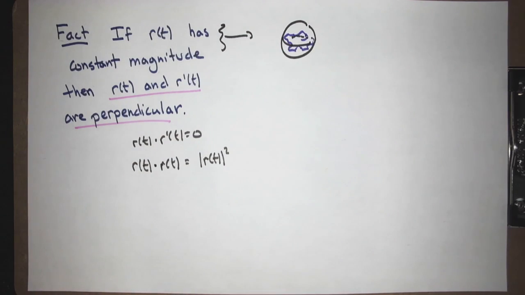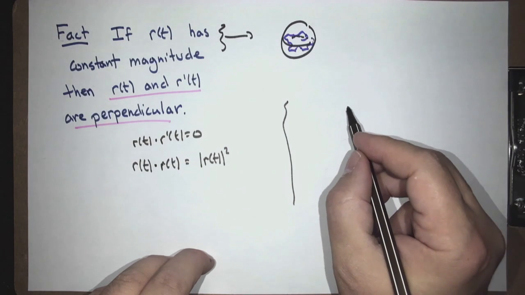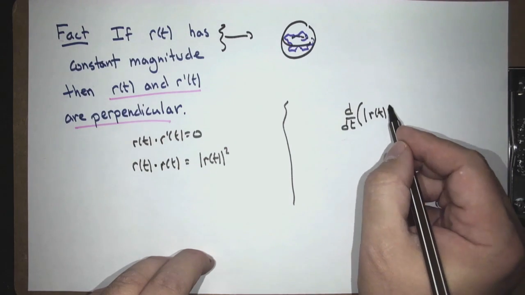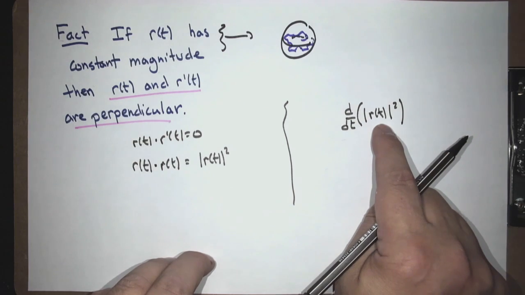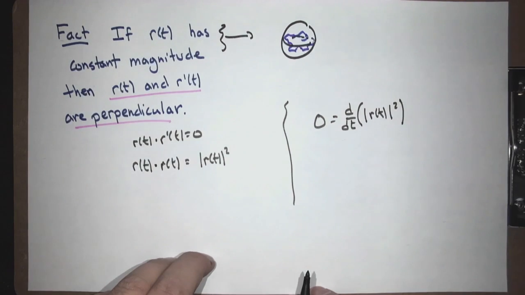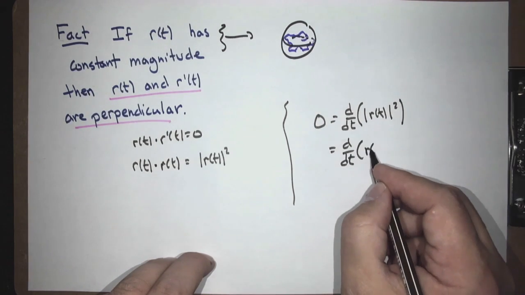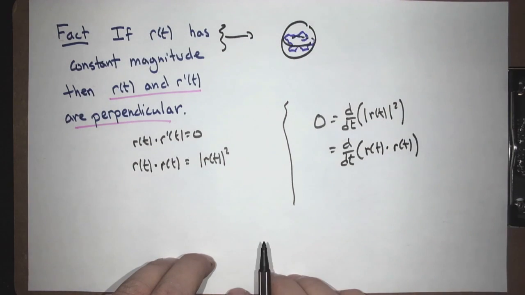That's where we start down our road, because we get this fact. So let's take the derivative of the magnitude of r of t squared. If it has constant magnitude, what's the derivative of this going to be? 0. So that's the derivative of r of t dot r of t, because you can compute the magnitude squared by a dot product.